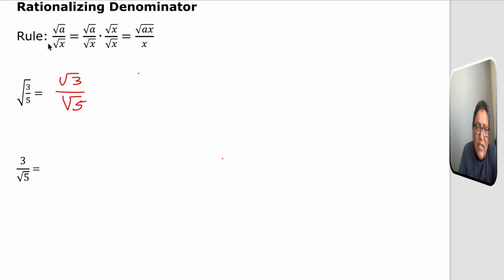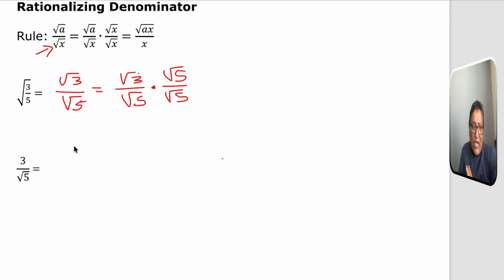Now this looks like this, correct? So we have a square root of 3 divided by square root of 5. Now we will multiply this by the value of the denominator. In other words, by square root of 5 times square root of 5, also the same value in the numerator.